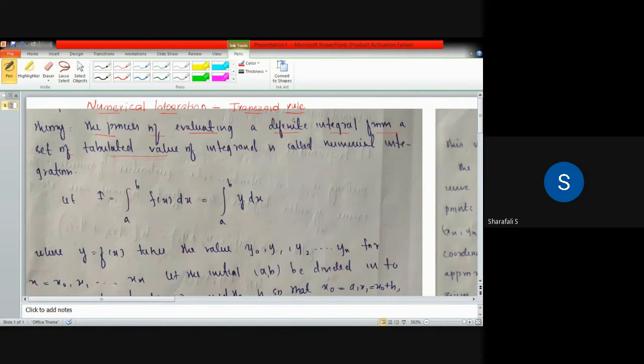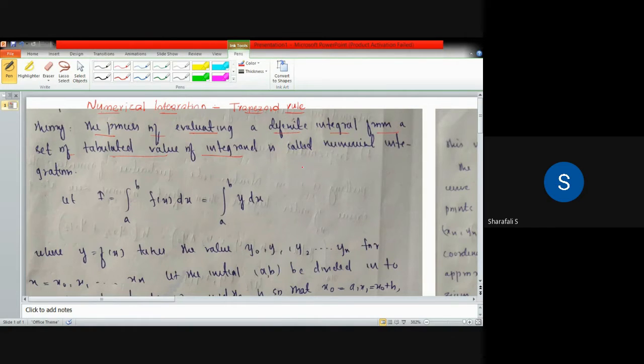So first we have to evaluate a definite integral from a set of tabulated values, and this process is called numerical integration.